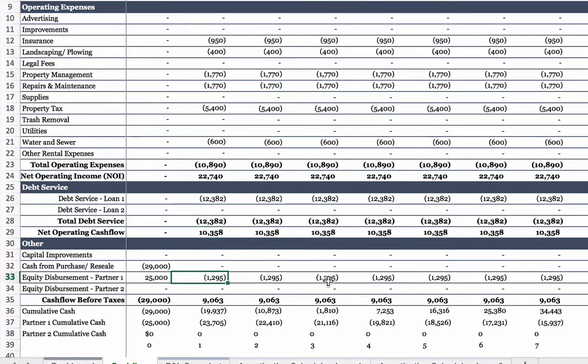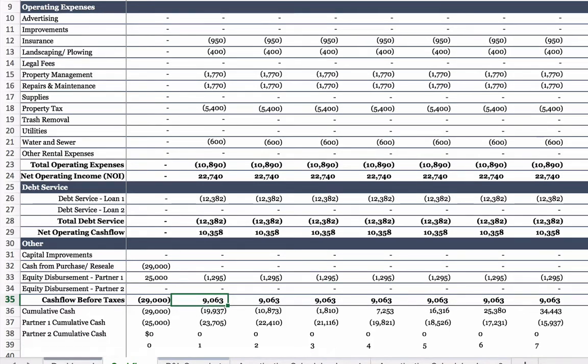And it's 12.5%. So right here we have a calculation that says take 12.5% of the NOI and take that out of my cash flow. And you see that goes down here. So my cash flow goes from $10,350 to $9,000 because I'm paying an equity partner for giving me some cash in the beginning.